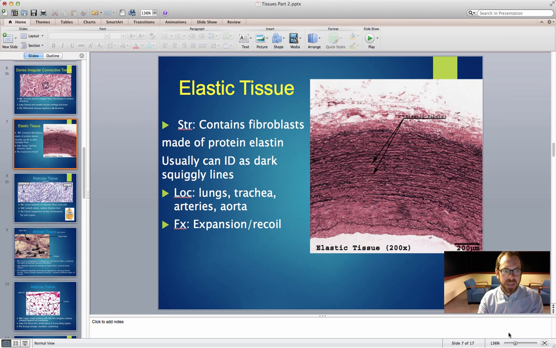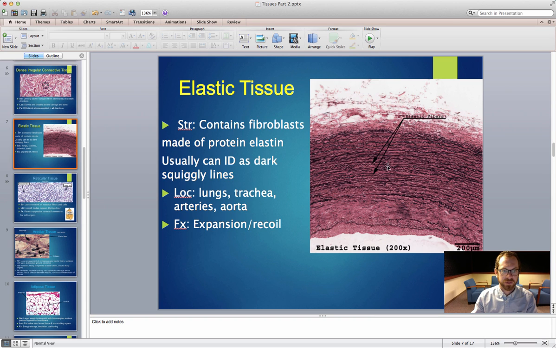Now we've got elastic connective tissue. And the structure of this tissue is that it contains fibroblasts, which are cells within the tissue that are going to produce structural proteins. And these proteins are going to be made up of a specific protein called elastin. And those elastin are going to form elastic fibers.